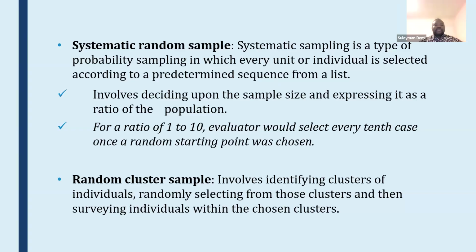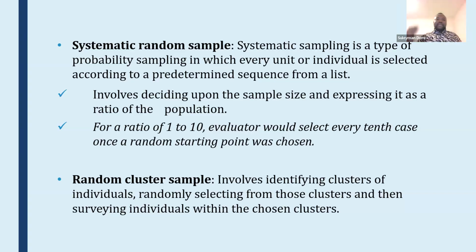Yes, exactly. Okay, so let me explain the systematic. Let's say in your classroom, I have the register, right? From 1 up to 40. I have the list. Then I can decide that I want an interval of 5.